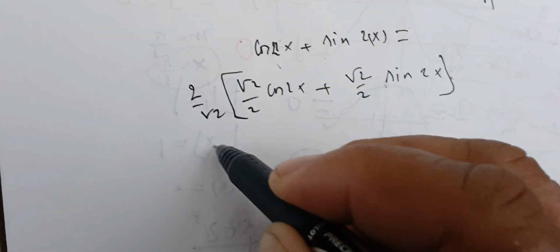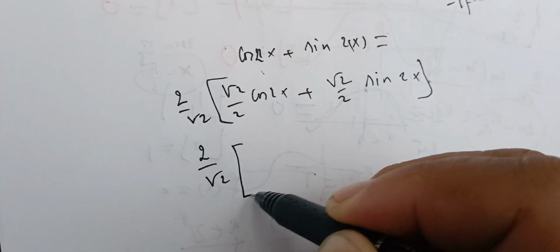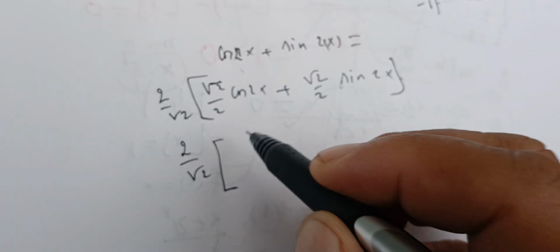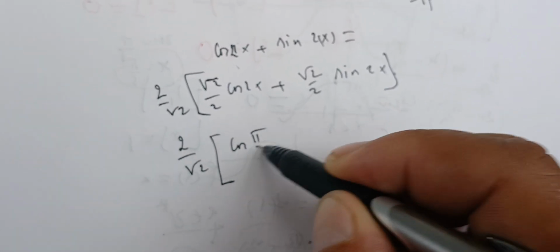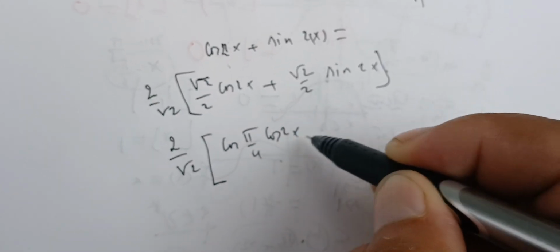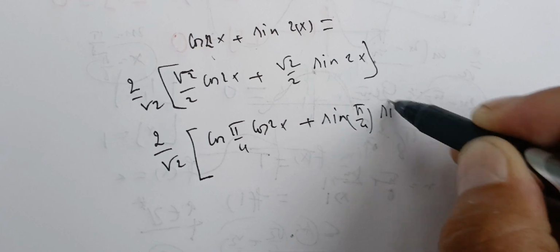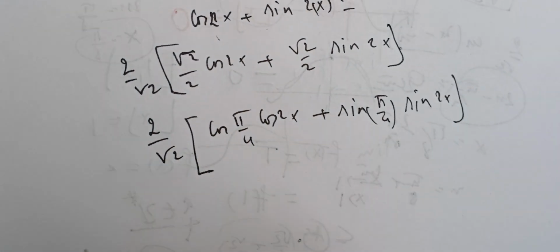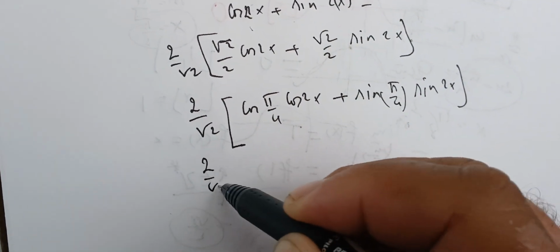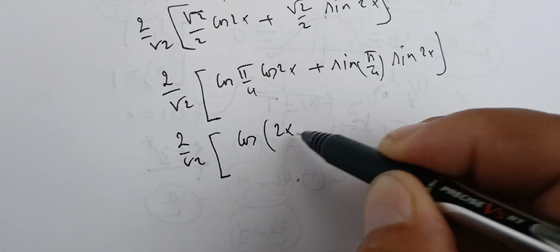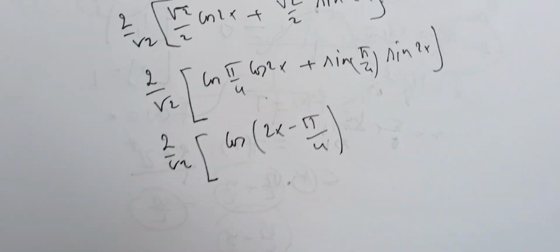Now, if we take the square root of 2 over 2 as the cosine of pi over 4 and also as the sine of pi over 4, we get cosine of pi over 4 cosine of 2x plus sine of pi over 4 sine of 2x. We can write this expression again using what we know from trig.